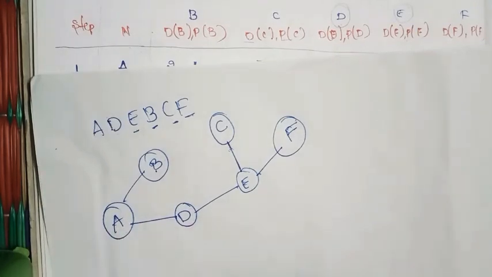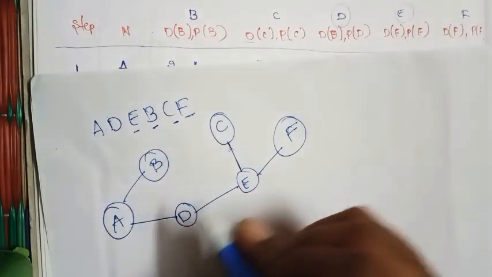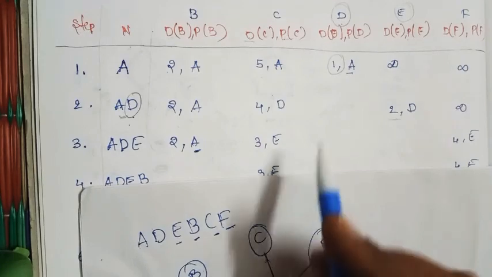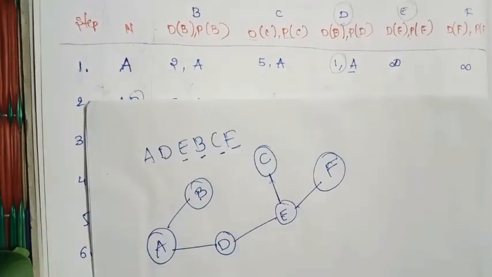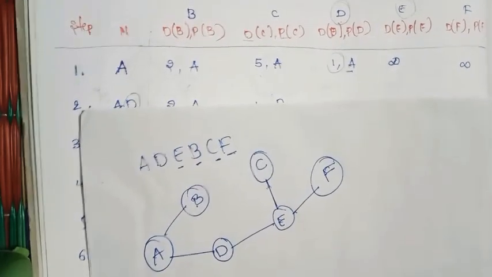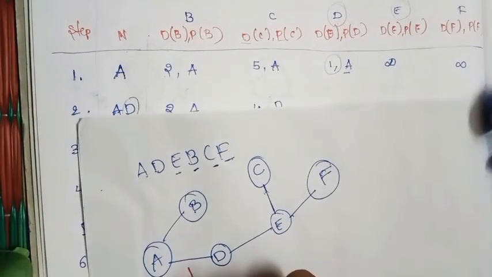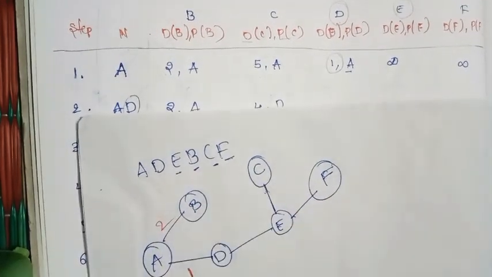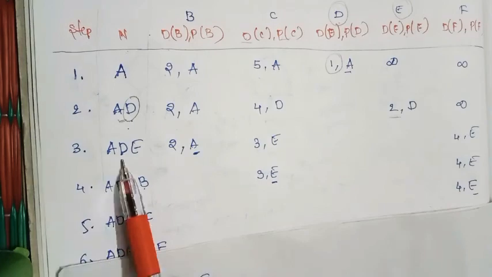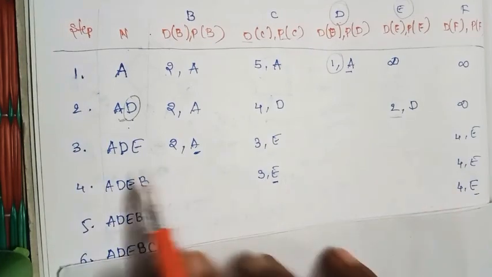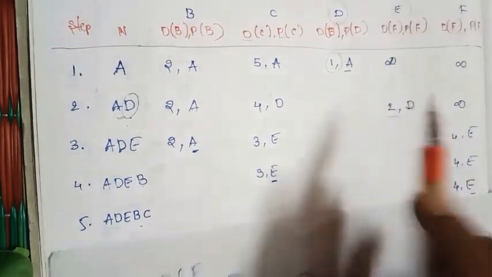If you want, you can write the shortest path. What are the shortest paths, guys? Based on here, for D 1, and for B 1, and for B 2, and for D to E it is 2.